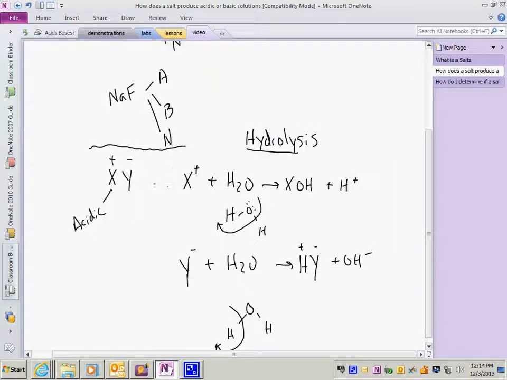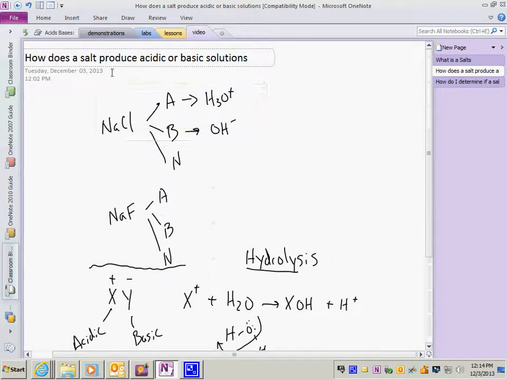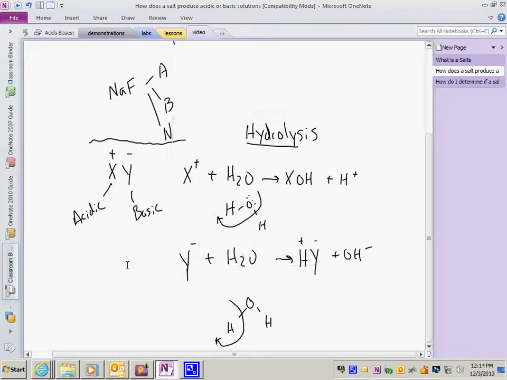Cations have the ability to be acidic if they can split a water molecule. Not all cations can. If they can't, they would just be neutral. Neutral cation. The anion has the ability to be basic. So how do I know if a salt produces acidic or basic solutions? The next part is how do I determine it, but this is how it actually works.